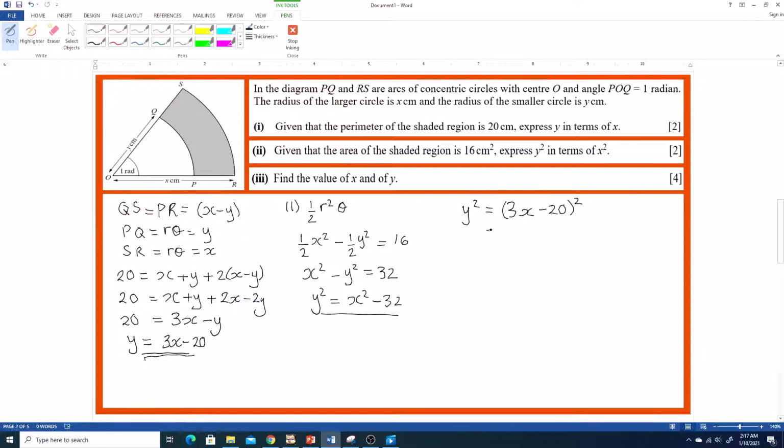And when I open that out, I'm going to get 9x squared minus 2ab, which is 2 times 3 times negative 20. That gives me negative 120x. And lastly, 20 squared is going to give me 400.